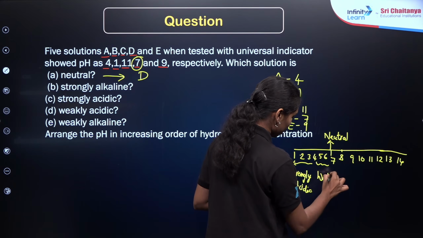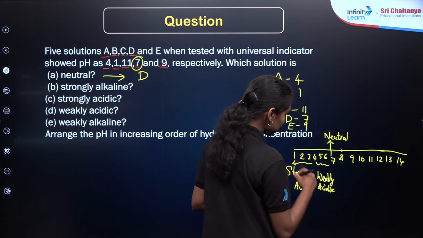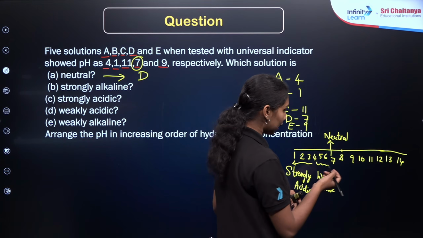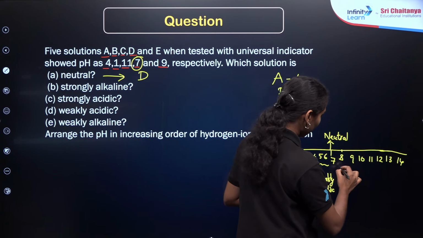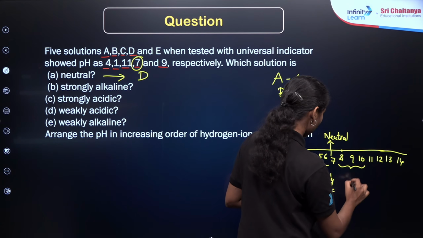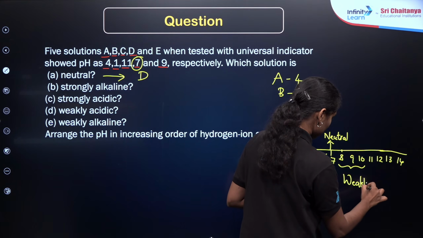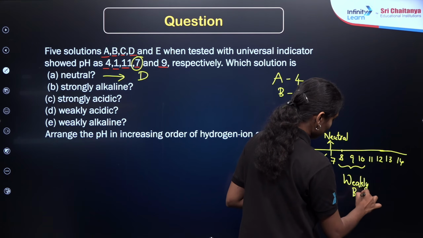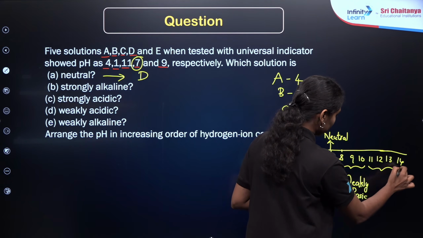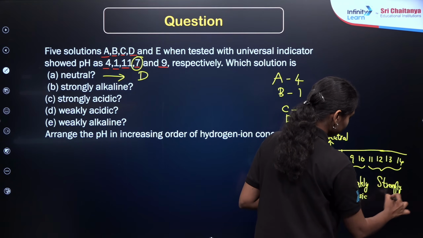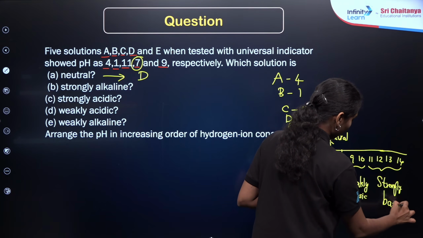I hope you are getting my point. Then similarly, you can identify the strongly basic as well as weakly basic. If you have the values 8, 9, 10, that will be known as weakly basic. Then these higher values are the strongly basic. This is according to the pH scale.